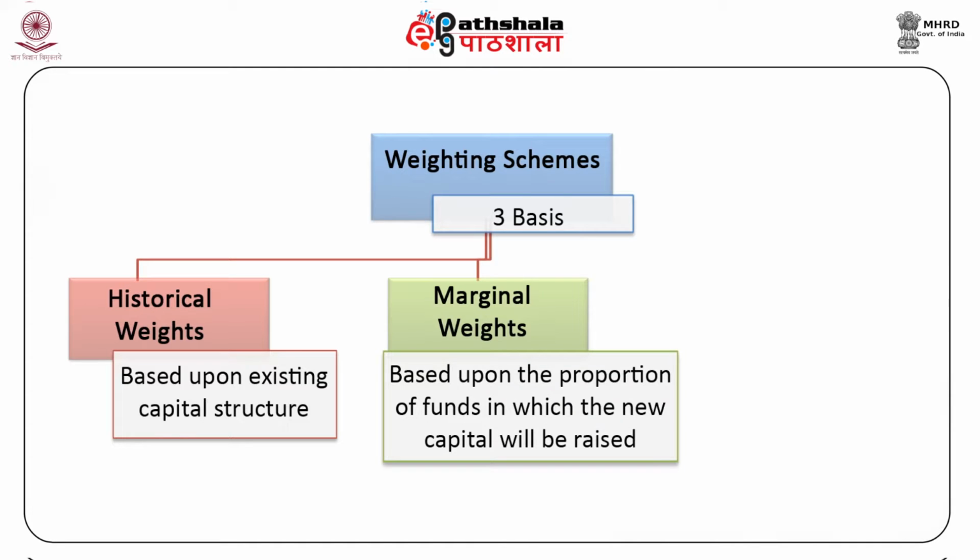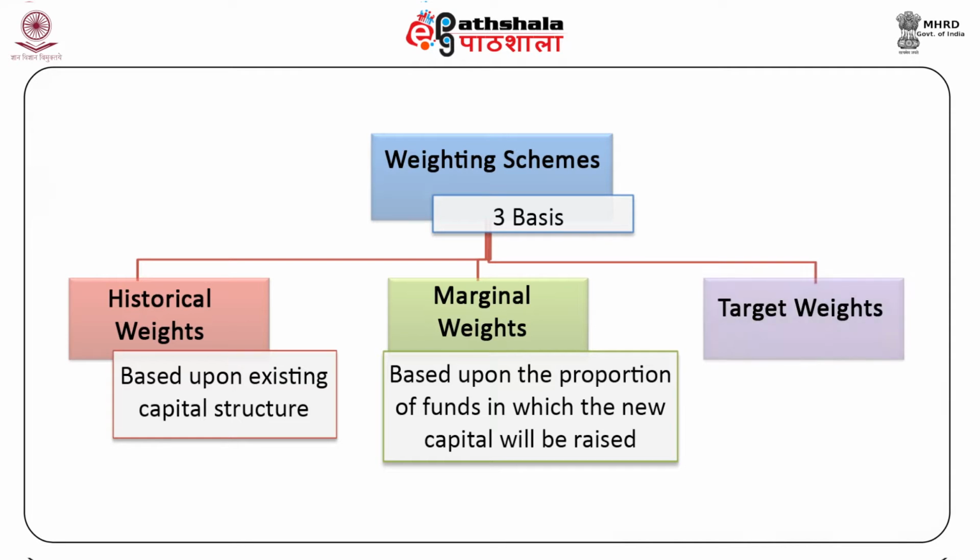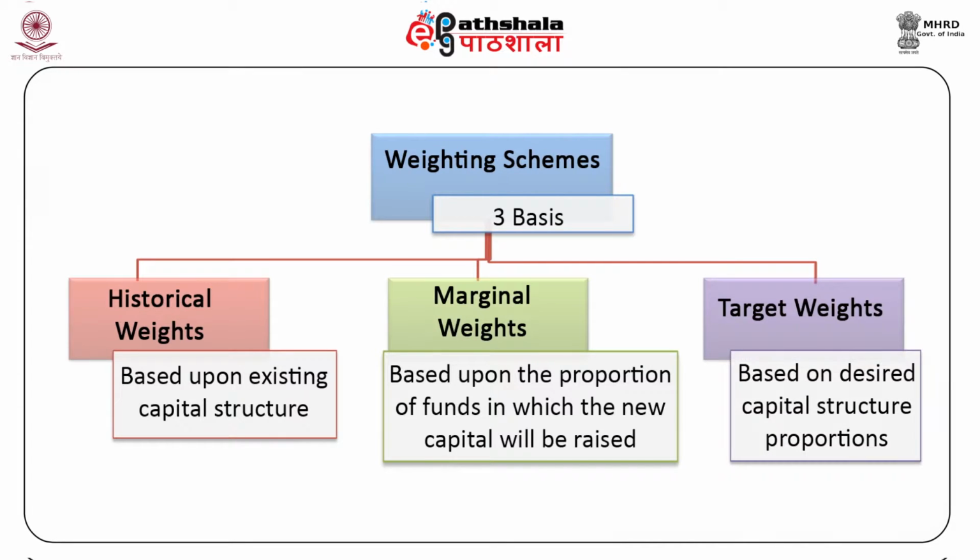These are based upon the proportion of funds in which the new capital will be raised. It is quite logical because it is very unlikely that a company is able to raise additional funds in the same proportion as they are in the existing capital structure. Target weights. Target weights are either book or market value weights based on desired capital structure proportions.